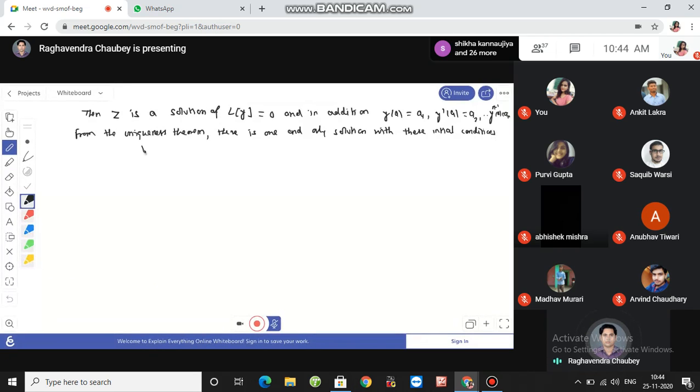So that's why we can say that this is the solution of that, and this solution is the unique solution, and we can write it as Y(x), so this equals Y(x) for that interval. So this completes your proof.